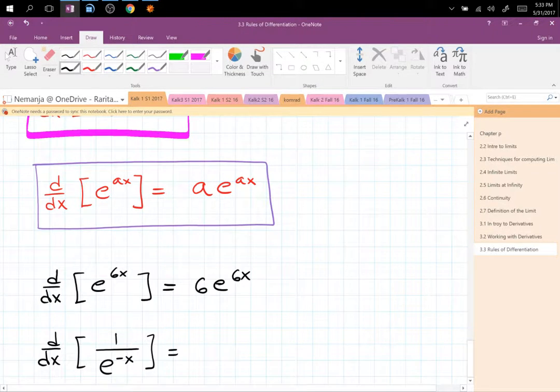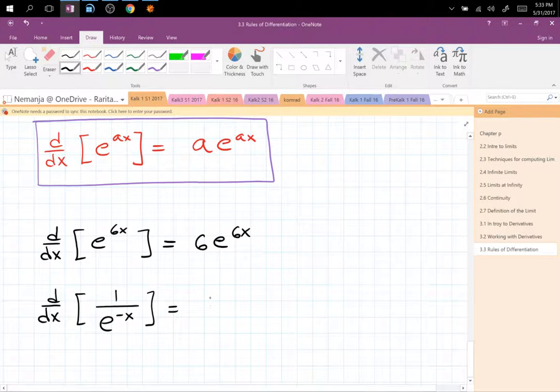Let's use basic algebra. Well, we first rewrite it as e to the x, and then the derivative is e to the x. Nice. Good.